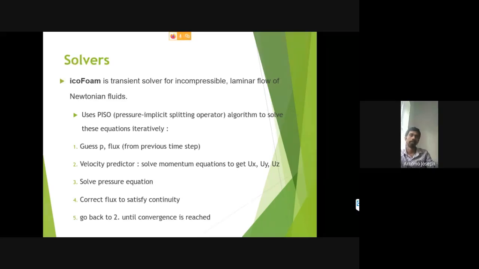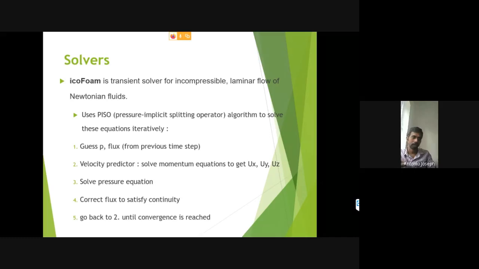Now about the solvers. While I showed some examples in the case of incompressible flow, when copying that folder, you might have come across different types of solvers: icoFoam, simpleFoam, pimpleFoam, etc. You might have seen some folders having these names.